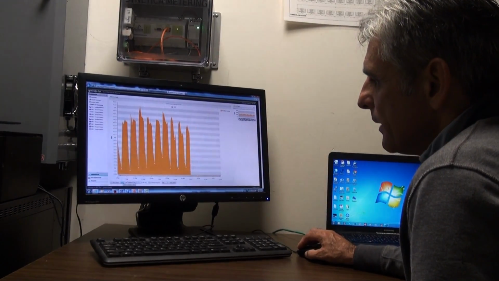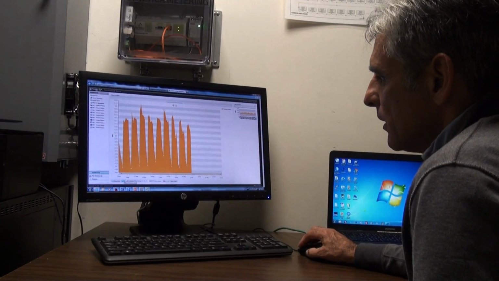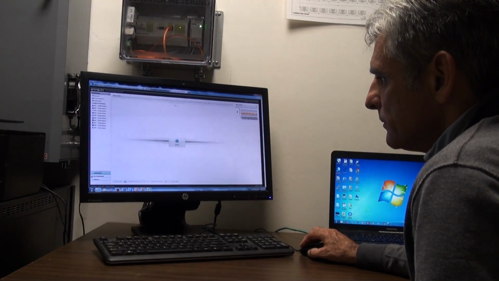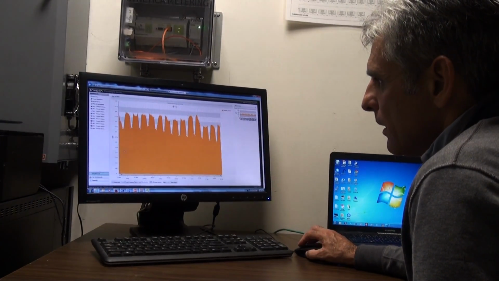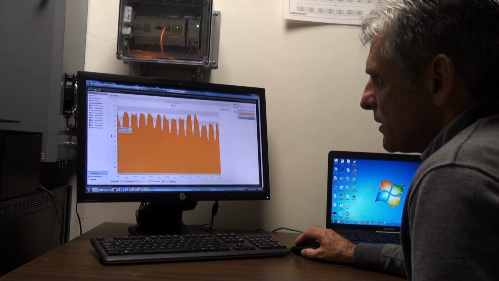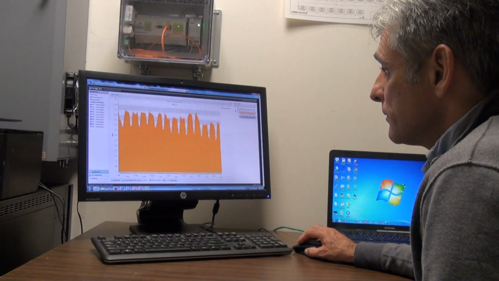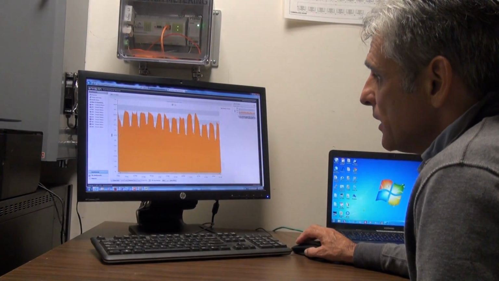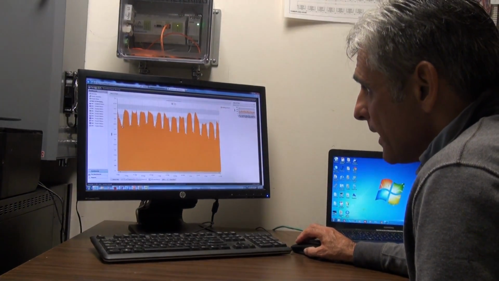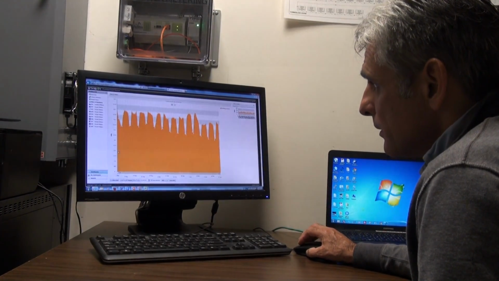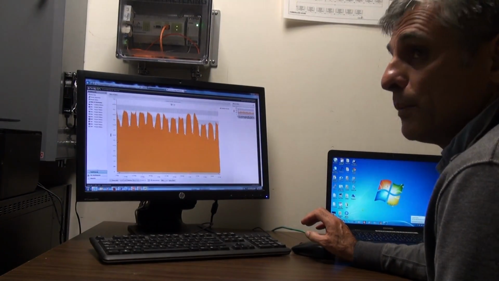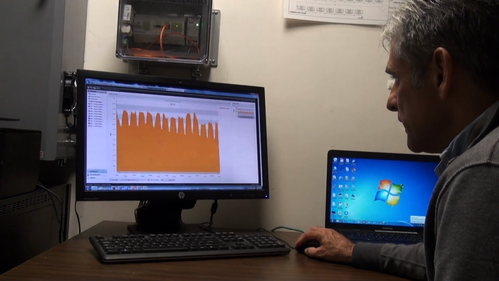If we go back a year, because we can go back a full year here, you see the average base load was 4,500 kilowatts. So we've actually gone from there to here on the base load. So we've saved all of that energy there.